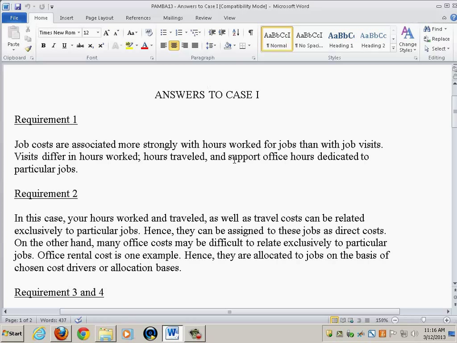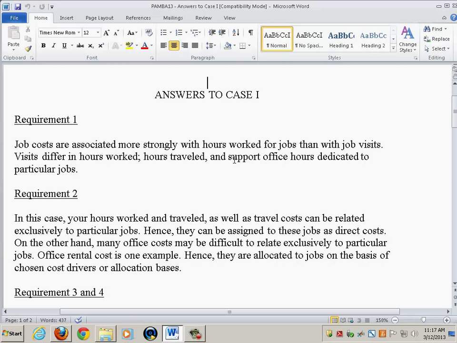But for example, hours of travel, yes, if you can say that certain hours were traveled just to a particular job, then they are direct and their costs are direct. But remember, we had this geographic triangle, right? Where you might travel from the office to customer A, do A1, A2, then travel to customer B, do B1, then travel back to the office.